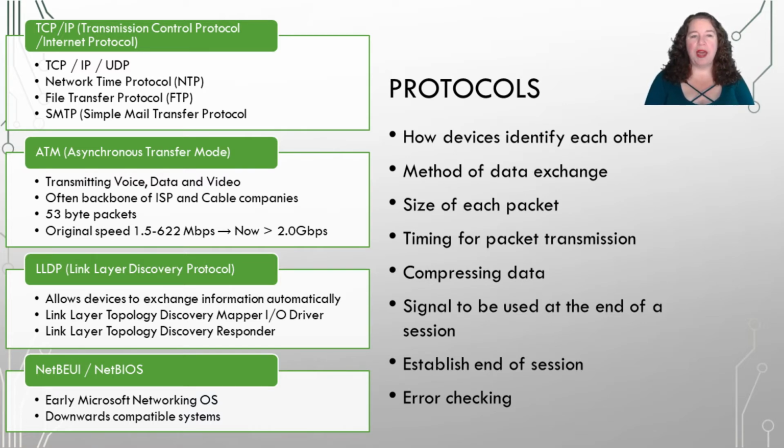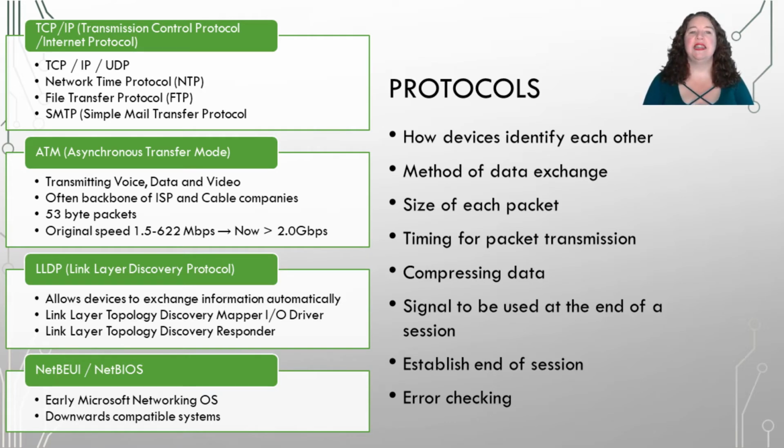They are storing their packets in 53-byte packets, and we'll describe what that means when we get into packets. Originally, they went from 1.5 megabits per second up to about 600 megabits per second if you were really lucky. They're doing great now. We're greater than 2 gigabits per second. We're moving just fast, which is great because we like faster data.